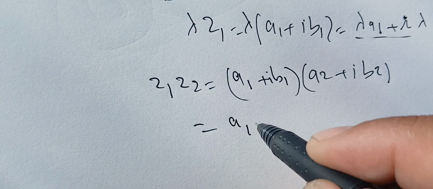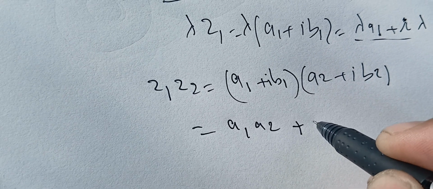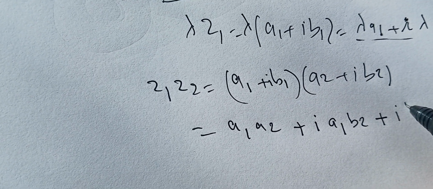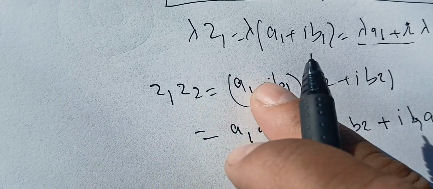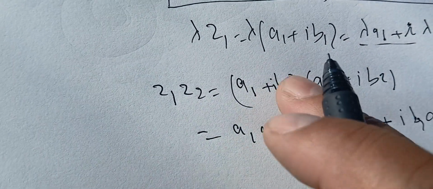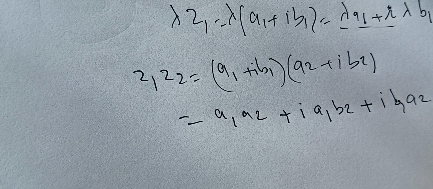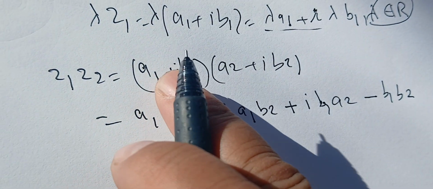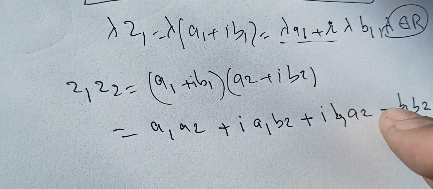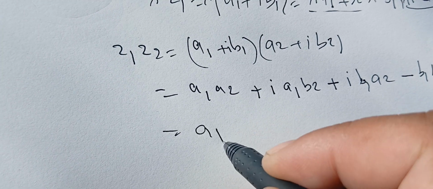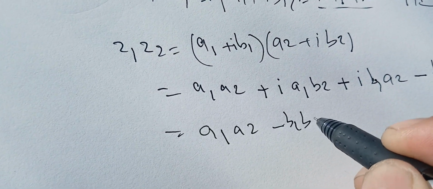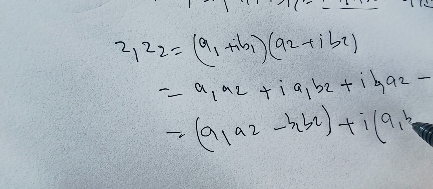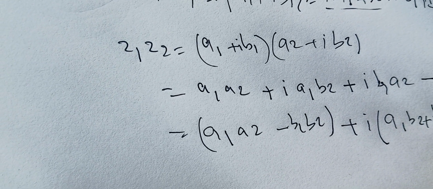So we have a1 a2 plus i a1 b2 plus i b1 a2, and i times i is minus 1, so minus b1 b2. The minus comes from the fact that i times i is minus 1. So we take the real part, a1 a2 minus b1 b2, and we add this part here, i times (a1 b2 plus b1 a2).